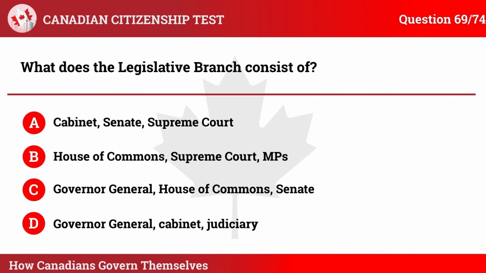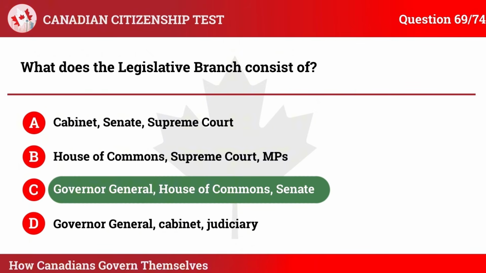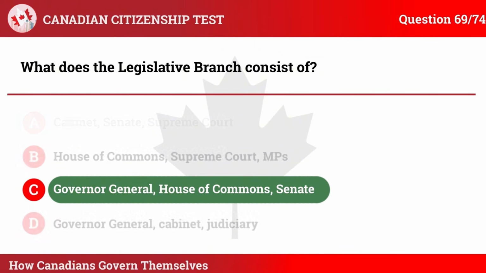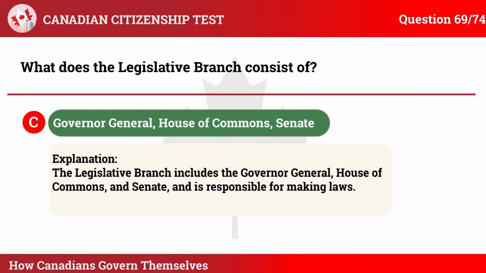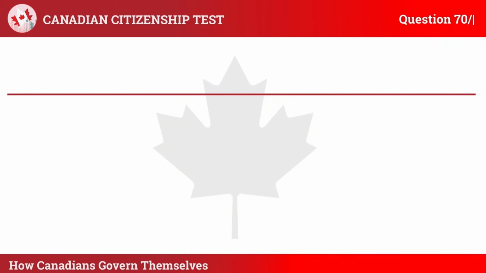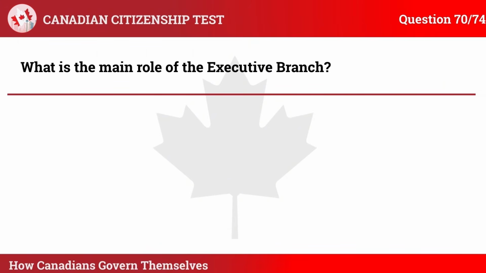The correct answer is C. Governor-General, House of Commons, Senate. Explanation: The legislative branch includes the Governor-General, House of Commons, and Senate, and is responsible for making laws. Question 70. What is the main role of the executive branch?